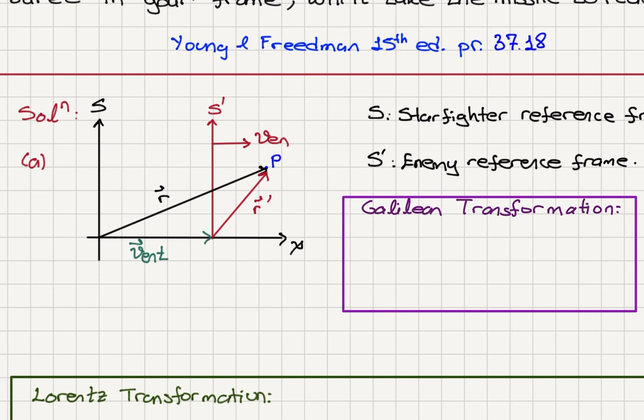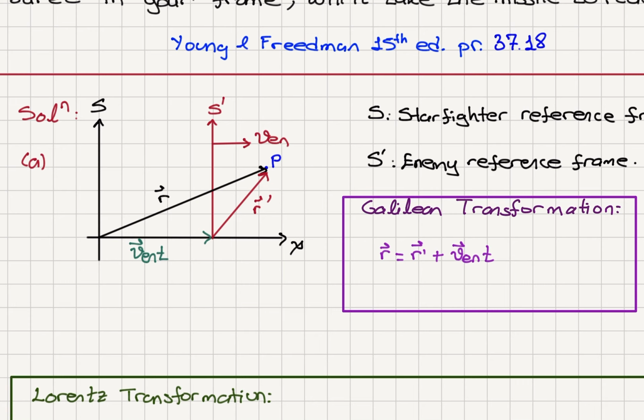R, the position vector according to the S reference frame, is equal to R prime, the position vector measured with respect to the enemy reference frame, plus the relative velocity of the S prime reference frame with respect to the S reference frame times t.